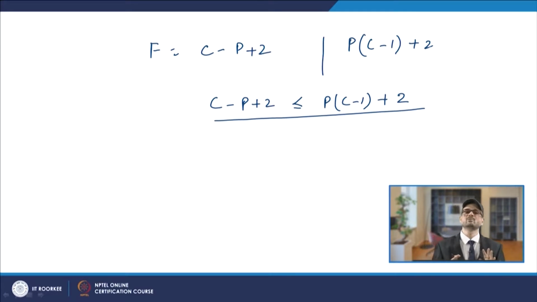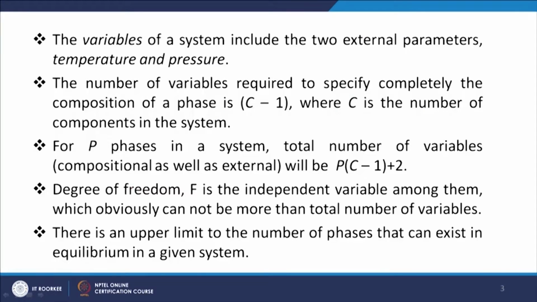So, the degree of freedom will be equal to the total number of variables, and as you increase the number of phases, you will see that there is an upper limit to the number of phases that can exist in equilibrium.